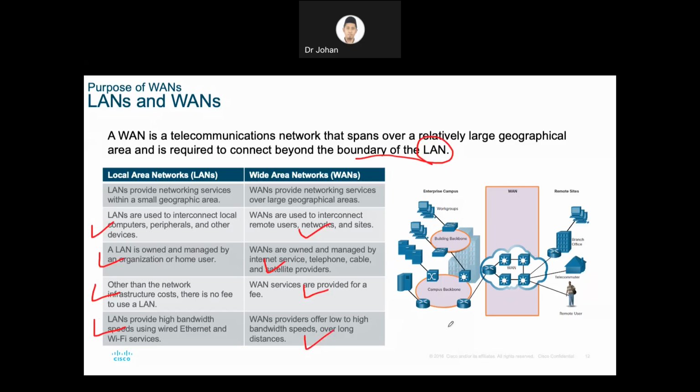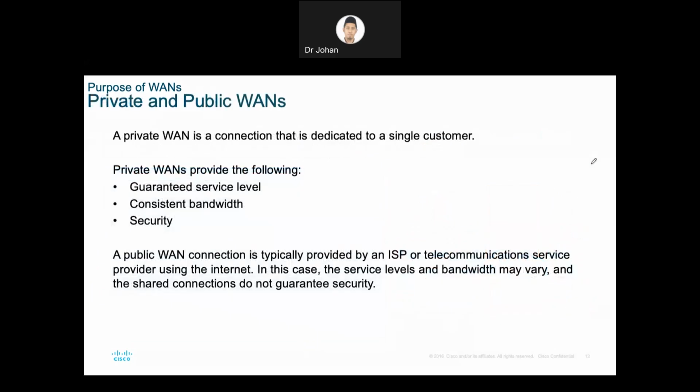This is the scenario of a WAN. We have some remote sites and a campus in another site, so we have to connect between these two using WAN technology. A private WAN is a connection dedicated to a single user.